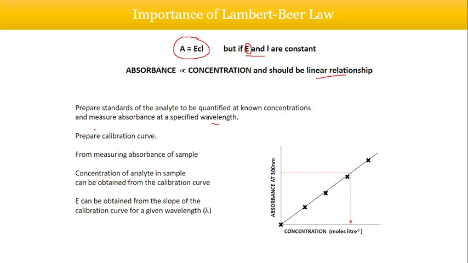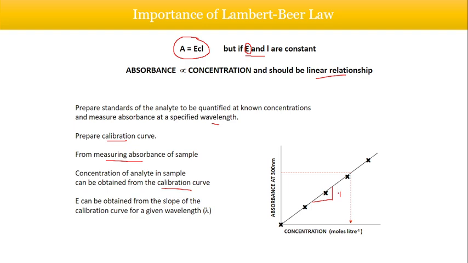Then we prepare this calibration curve of absorbance versus concentration, and by measuring the absorbance of the sample, the concentration of the analyte in the sample can be obtained from the calibration curve. Now from the slope, on calculating the slope, we can get the epsilon value.